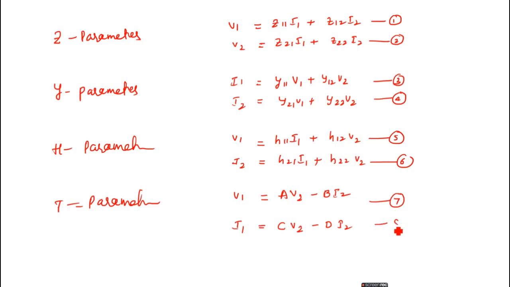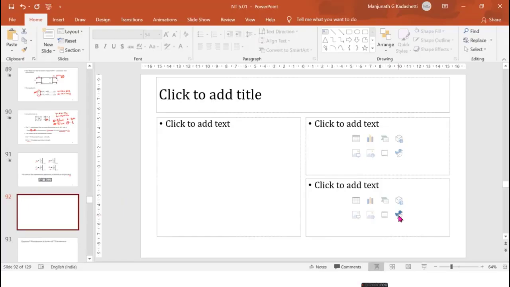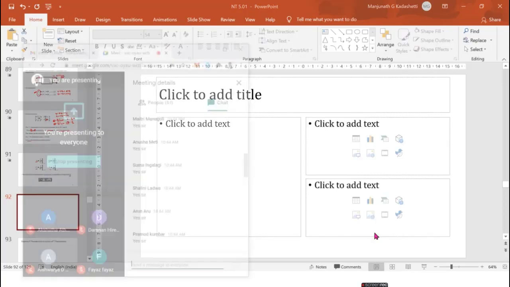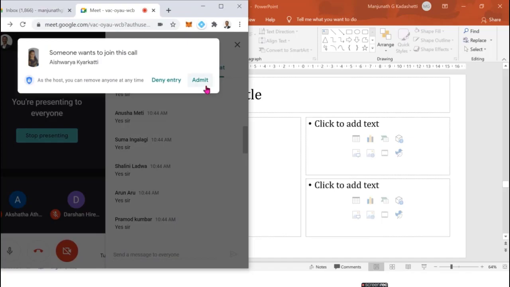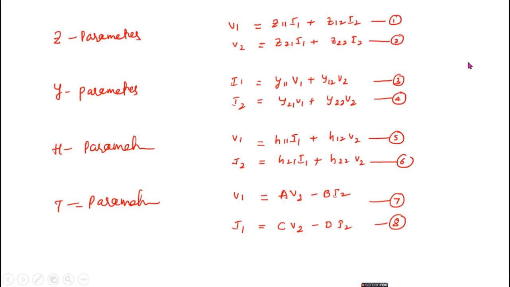It is number 7, it is number 8. So the fifth model depends only on these 8 parameters, 8 equations. 4 parameters, 8 equations. At any cost, all 8 equations should be known by you people. Then only you will get good marks from this model.